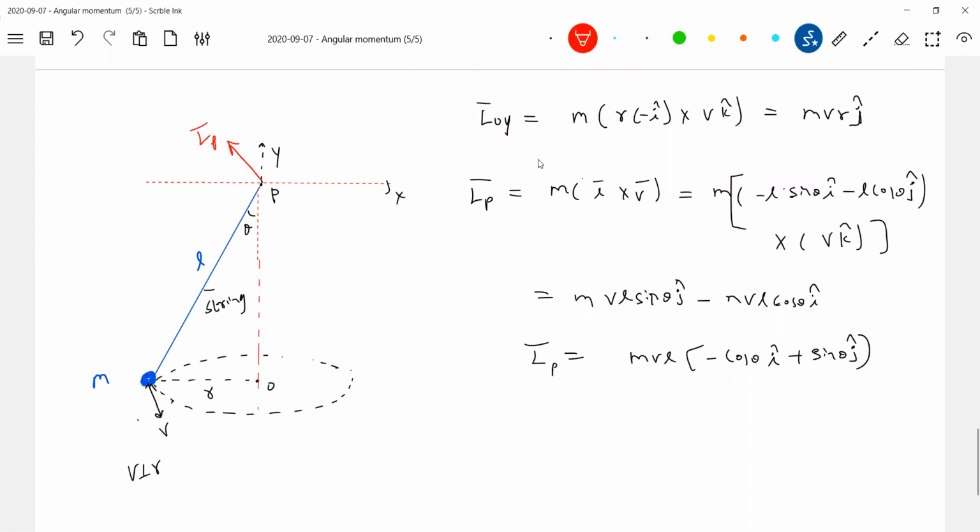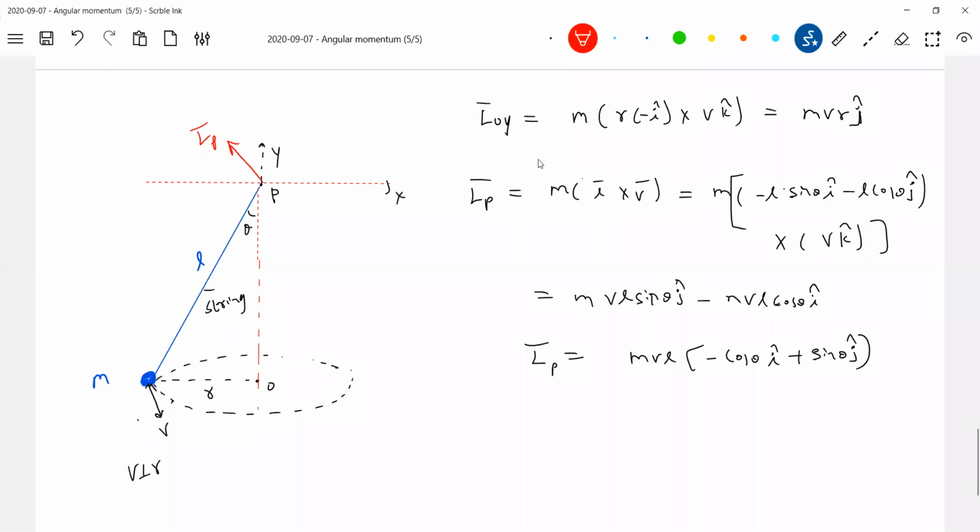How much magnitude? It will be m v l only, the magnitude.